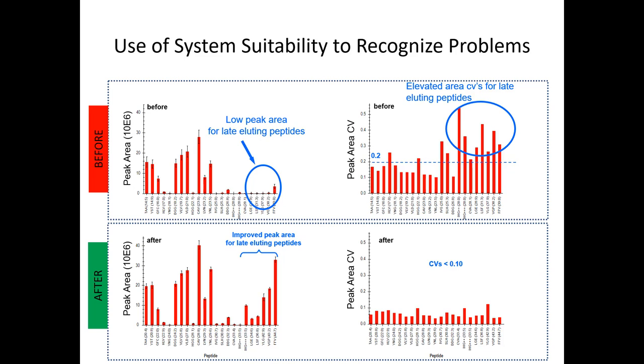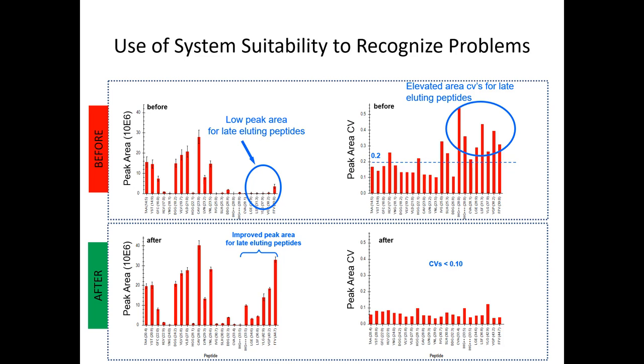So we did this cross-site comparison, and we initiated the system suitability protocol and started to see little issues pop up that would not have been obvious to us initially. We had one site that ran this series of peptides. This was a mixture of 6 bovine proteins that were digested with trypsin. So semi-complex; it was definitely not a complex sample mixture.